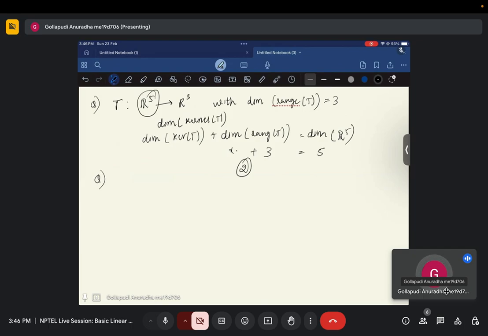So if you are given a matrix, for example, a T matrix which is of size 4 by 6, and given the dimension of kernel is 3, then what is range?